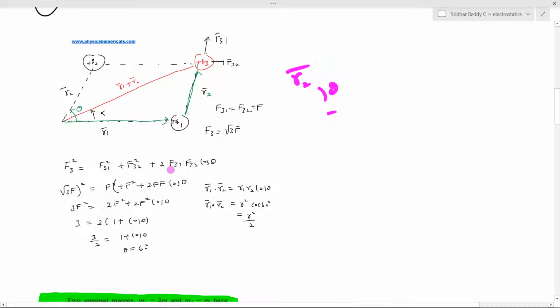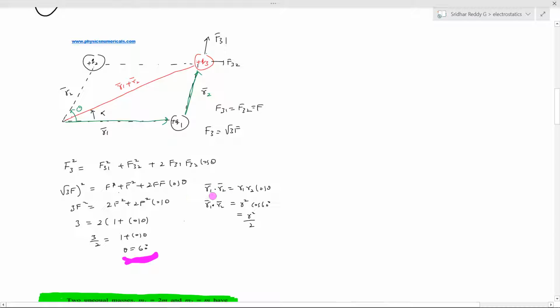So the angle between F31 and F32 should be theta. What are the magnitudes of the forces? F31 equal to F32 equal to F. Substituting, we'll get cos theta, which gives 60 degrees.